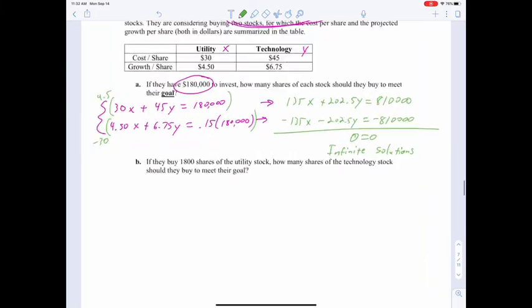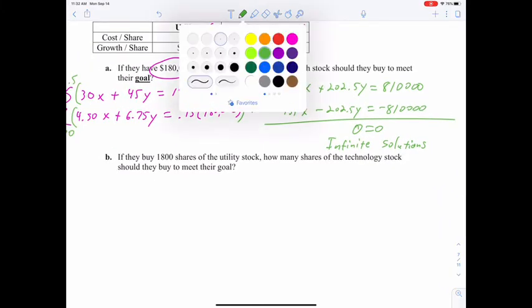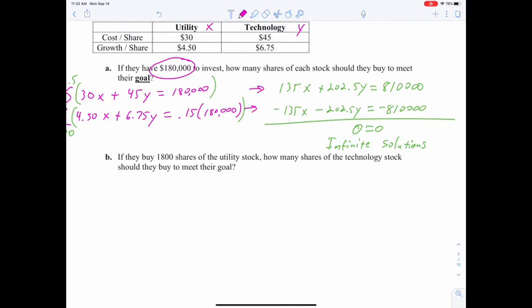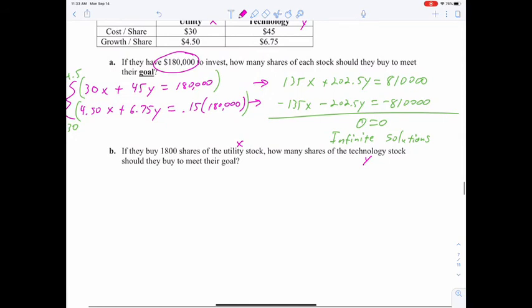Part B, if they buy 1,800 shares of the utility stock, so utility we said was X, how many shares of Y should they buy to meet their goal? All right, so we can use either of these equations and just plug in. So they're basically giving us X, the X value.